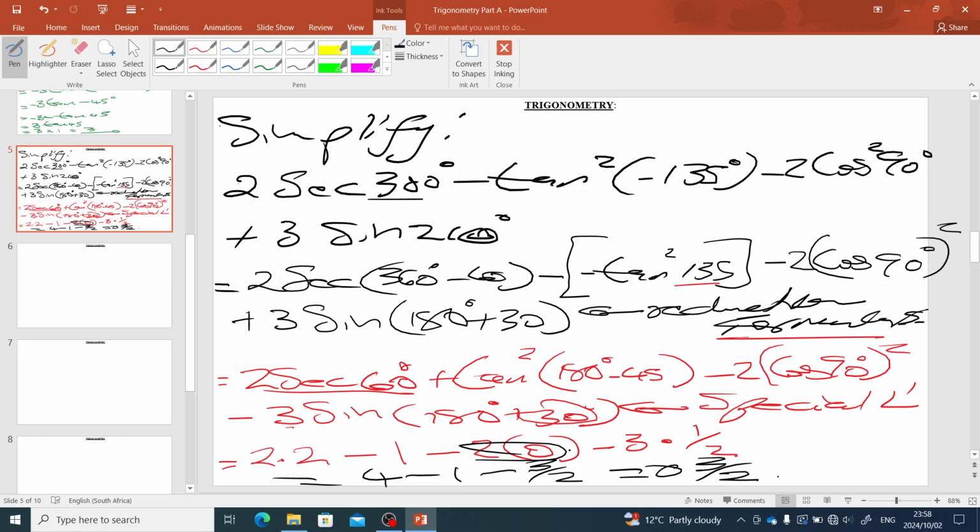Then you can take out the common factor, which would be 2. Then you take that long method: how many times does this one go into that one? Then you do this one, 3 over what?